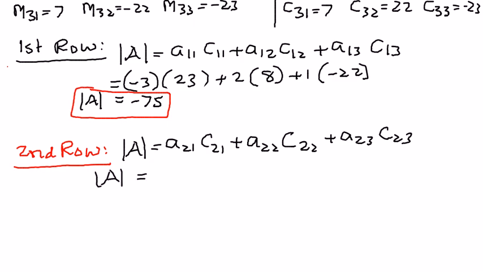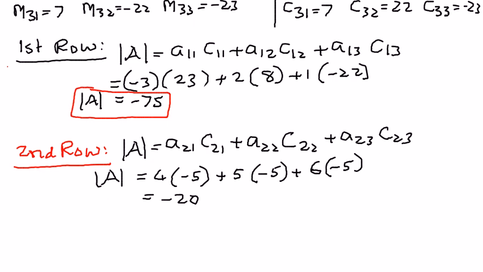We can write that as A21 was 4, and then the value of the cofactor C21 is negative 5, and that's what we have from the values above. And then A22, the value is 5, and then C22, the value is negative 5, and then A23, the value is 6, and then C23, the value is negative 5. Therefore, when we expand this, we're going to get 4 times negative 5 is negative 20, and then 5 times negative 5 is negative 25, and then 6 times negative 5 is negative 30.